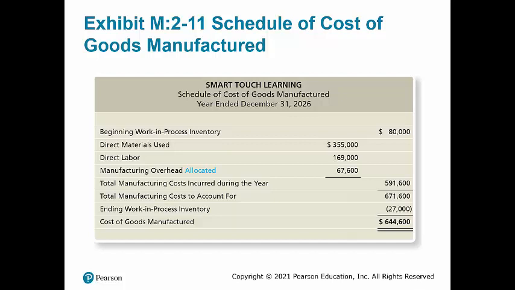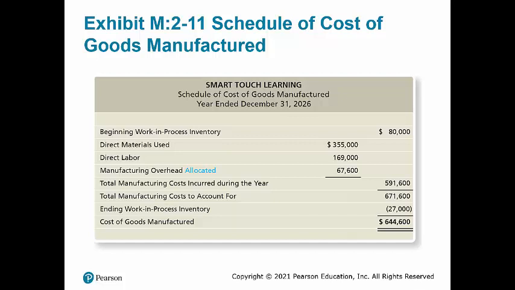So to calculate cost of goods manufactured, we first start out with our beginning work in process inventory for the year. Then we would add to that our direct materials that were used, direct labor, and then the allocated manufacturing overhead.